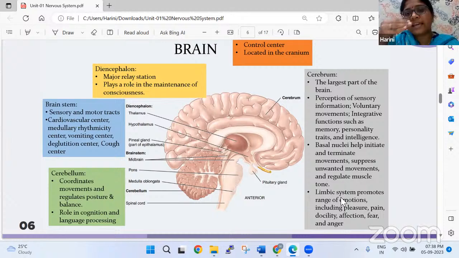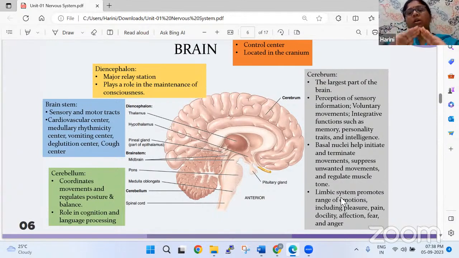If you divide it externally, it is divided into four major regions: occipital, temporal, parietal, frontal. The first one is the frontal, which is the biggest part.